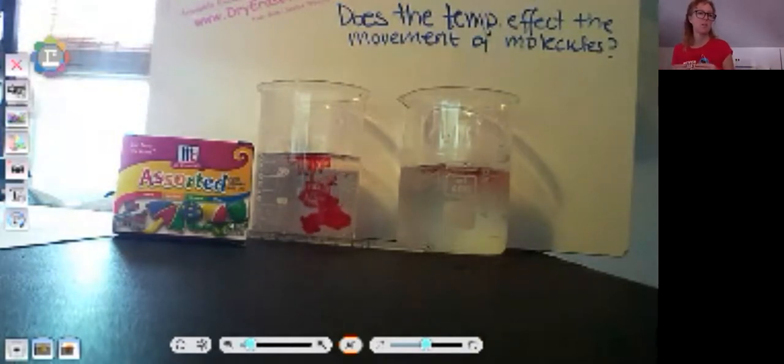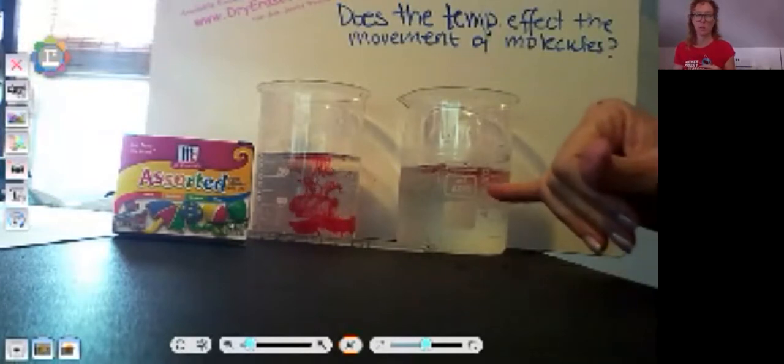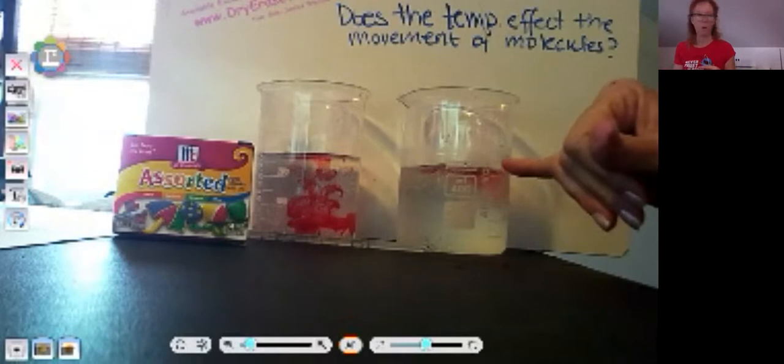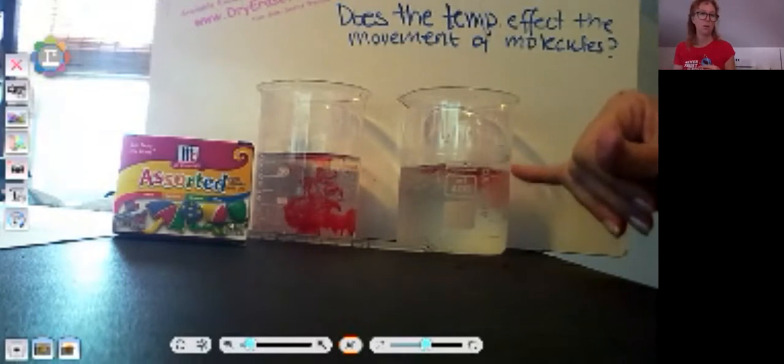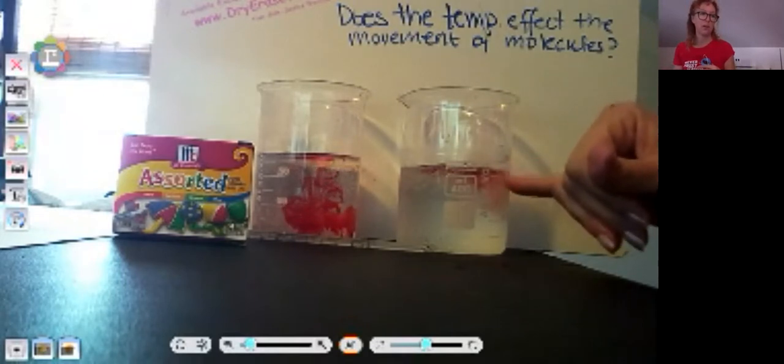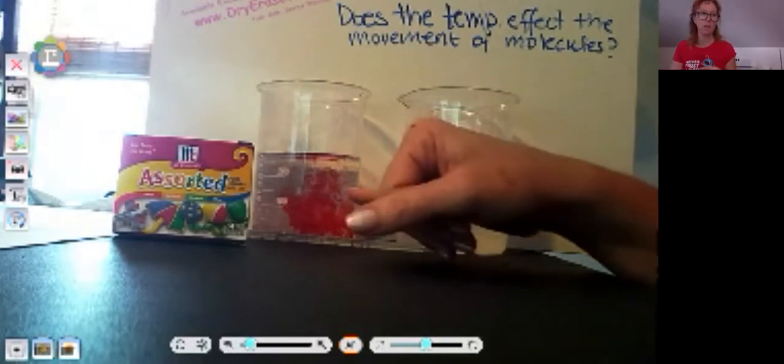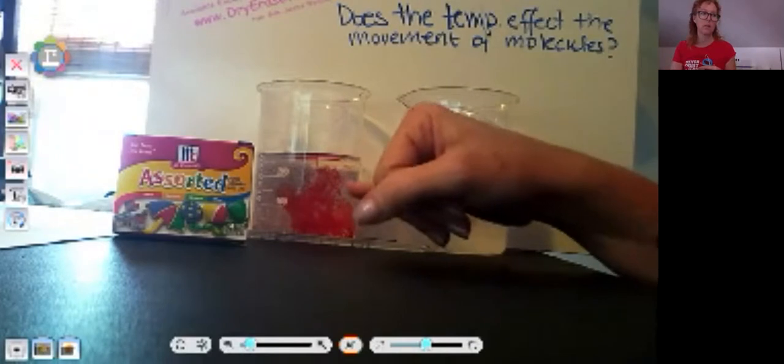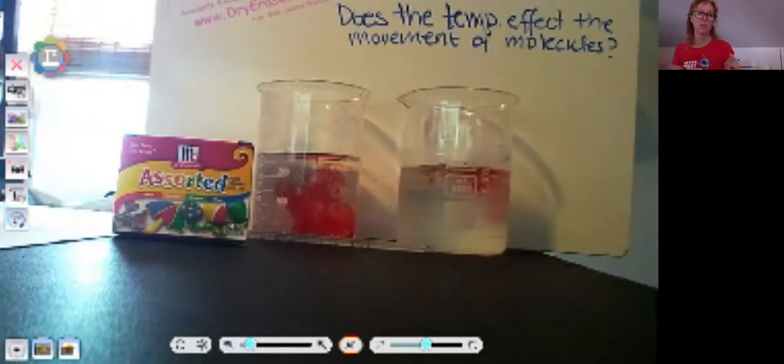So does the temperature affect the movement of these molecules? We can see in the cold water that the red food dye is staying still, close together. And we can look here in the warmer water that those molecules of red food dye are starting to diffuse, or move, quicker.